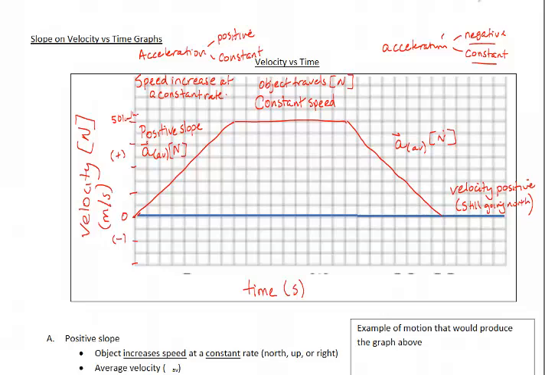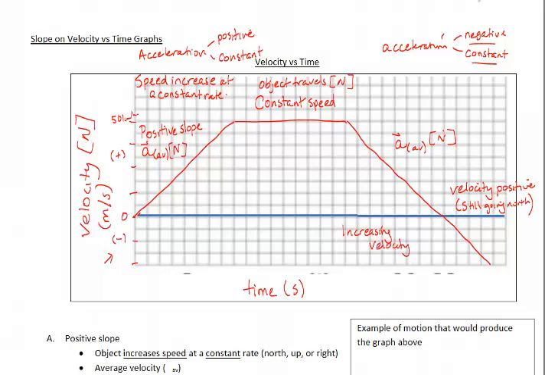Now if this line continues down past 0 or past the origin, the velocity is shown as negative velocity, right? We're below zero. But what does that mean? What that means is that we're increasing speed at a constant rate, but we're traveling south. And if we're increasing the velocity, that means that we are accelerating.